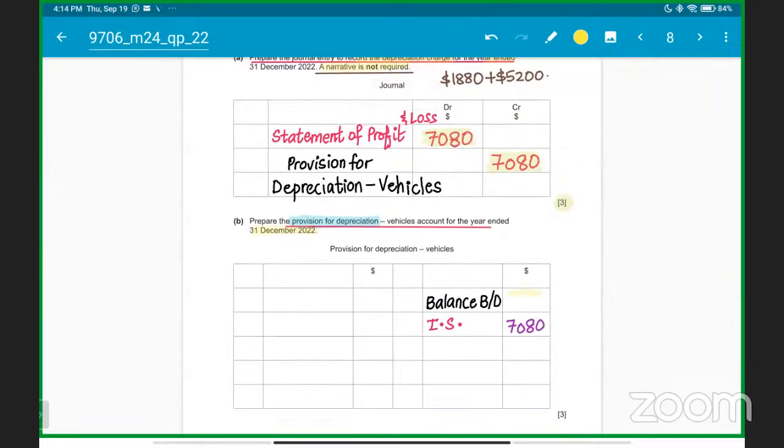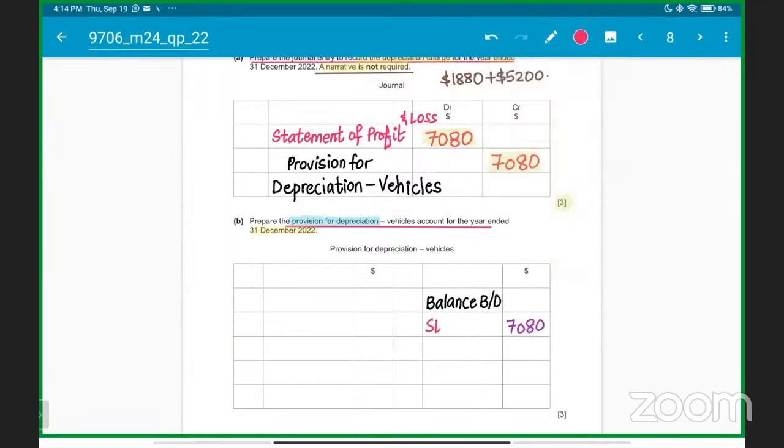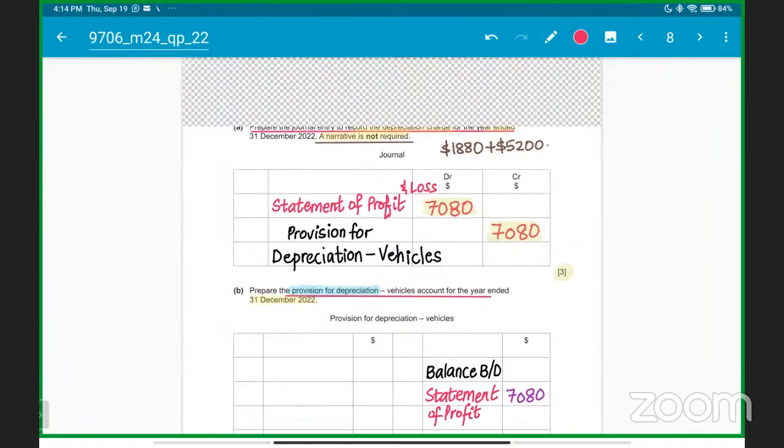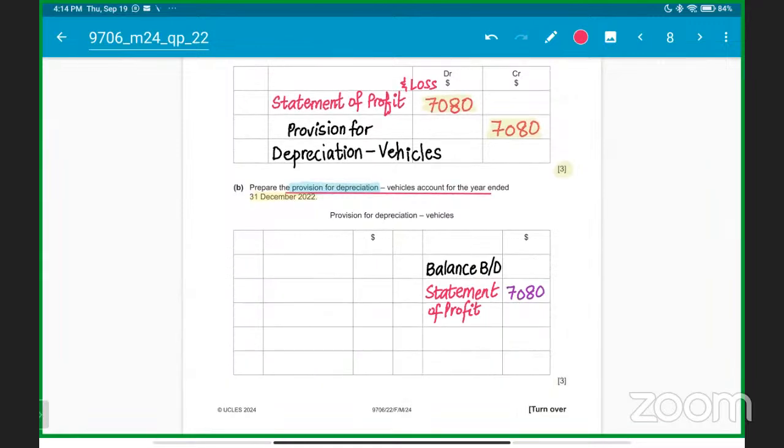You just have to find the opening balance. There is no disposal at the moment, students. So let's write it and complete it, because the statement of profit and loss we have written here. How will we find out balance brought down? Balance brought down means the opening accumulated depreciation at the start of the year.